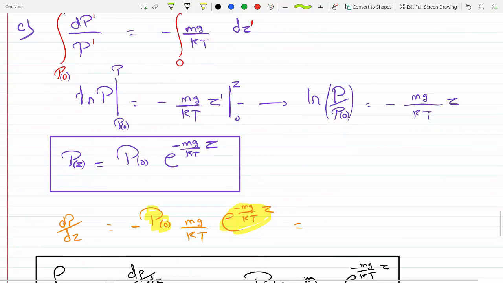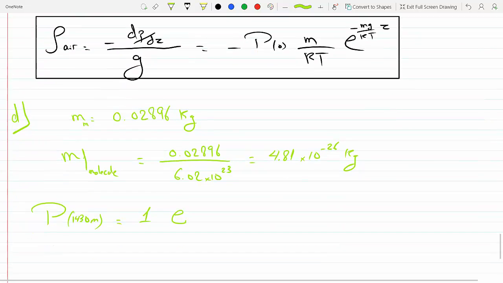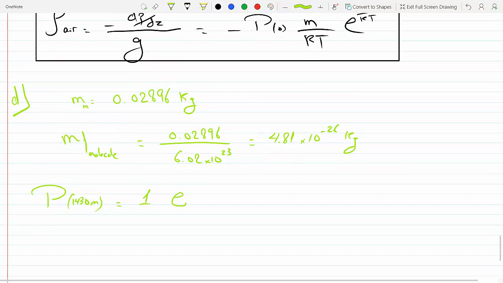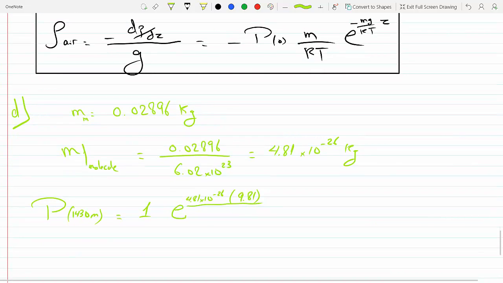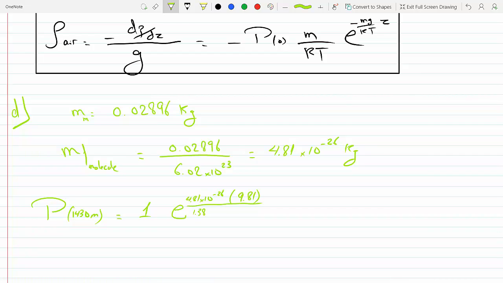What do we have in the formula? mg, so that's what I had, 4.81 times 10 to the minus 26 kilograms, times gravity, 9.81, divided by k. k is just 1.38 times 10 to the minus 23, and the temperature would be around 300 Kelvin, 27 degrees.